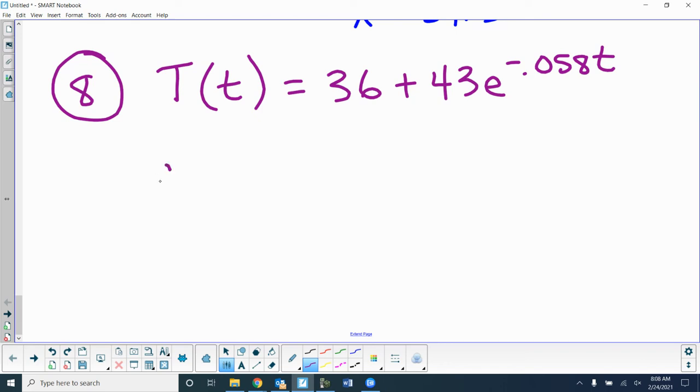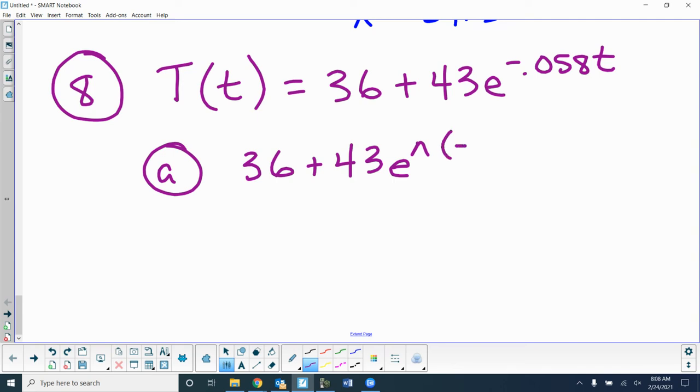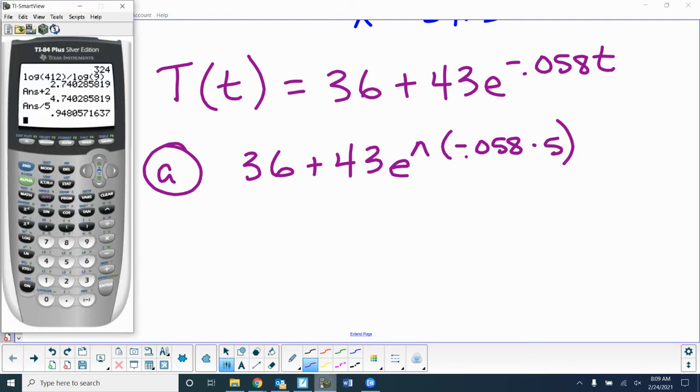All right? So all I gotta do is put 5 right here. Just put this in your calculator. It looks like this in your calculator: e to that caret, and negative 0.058, remember, times 5. That's all you got to do there. So 36 plus 43. How do I get that e caret to show up?